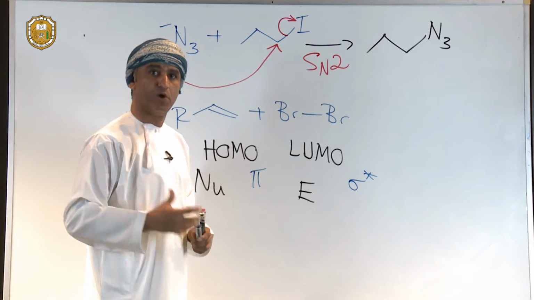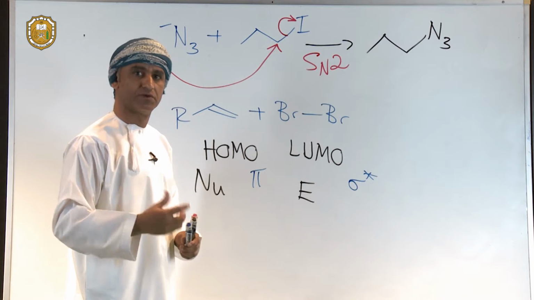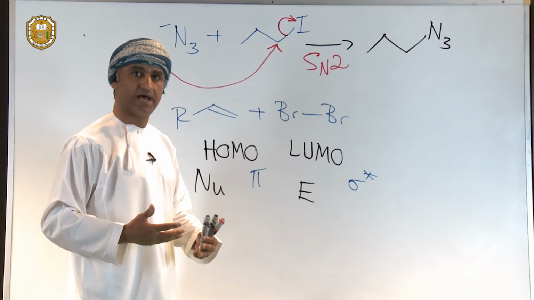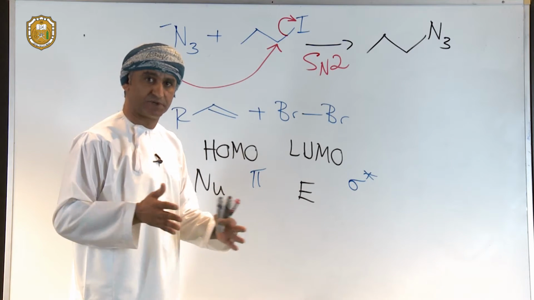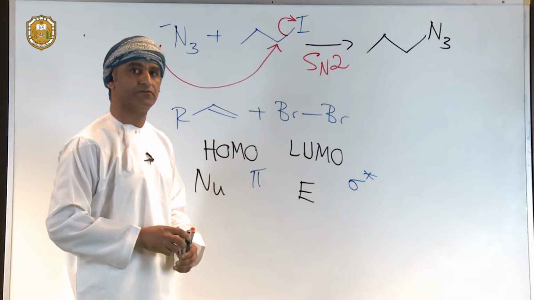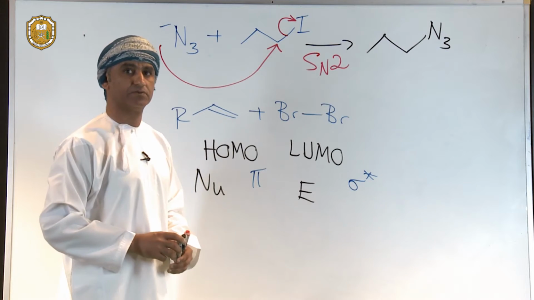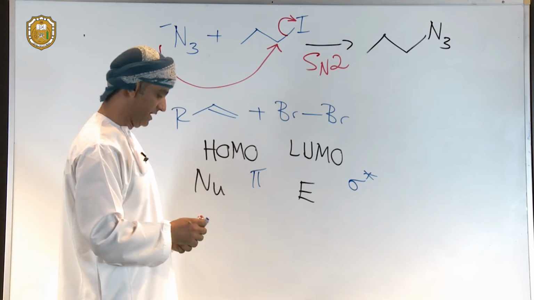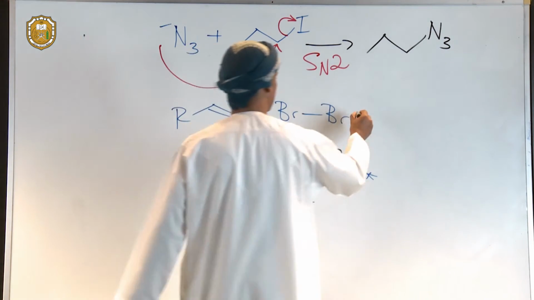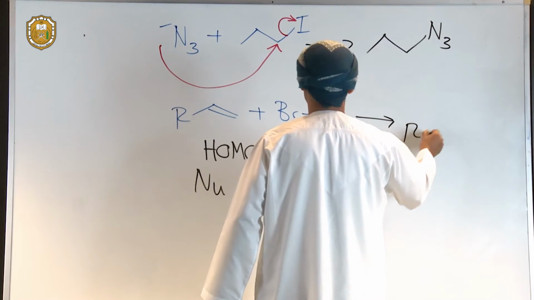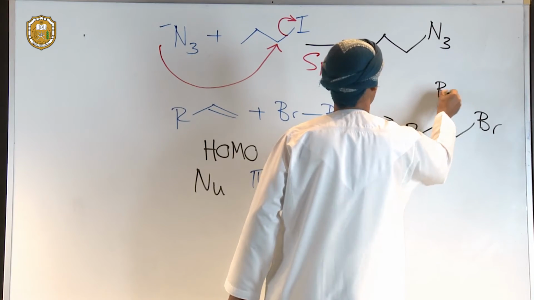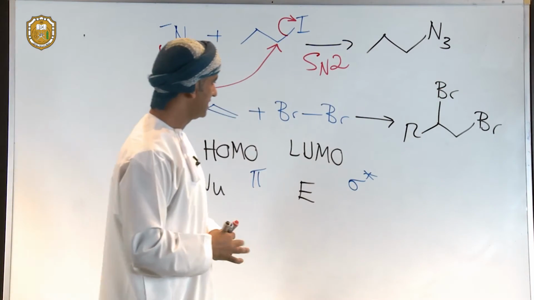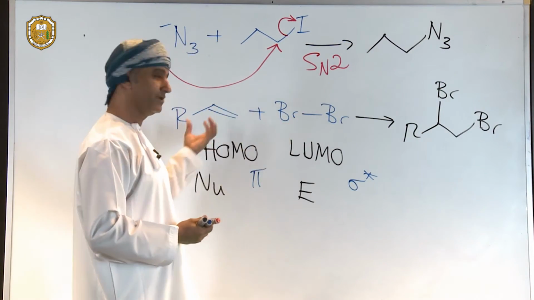In this case, the HOMO-LUMO orbital overlap is the underlying principle behind the reaction of alkenes with halogens. The product is this, an addition product where the carbon-carbon double bond has been broken and the electrophile adds to it.